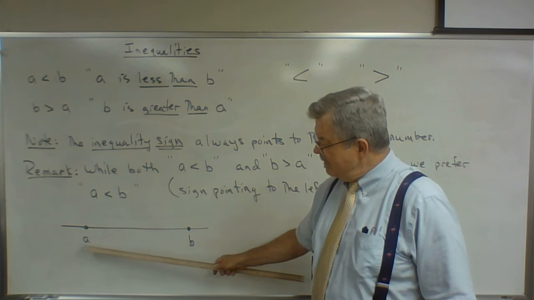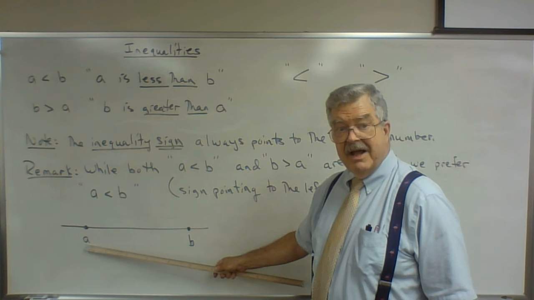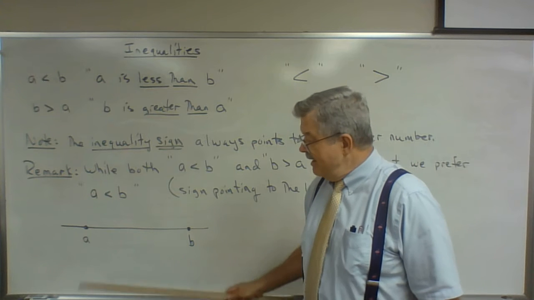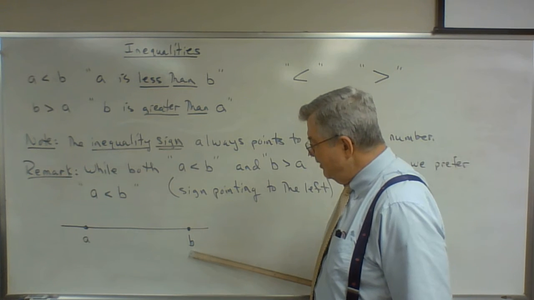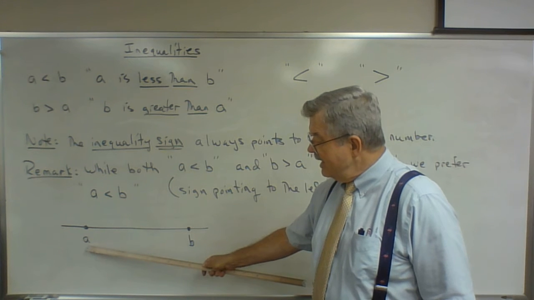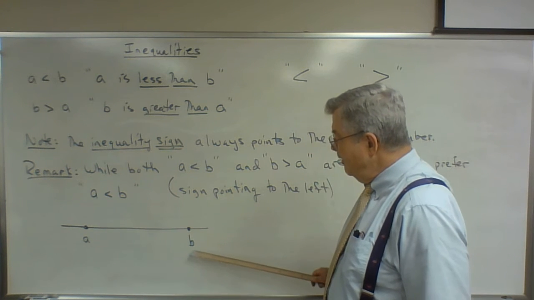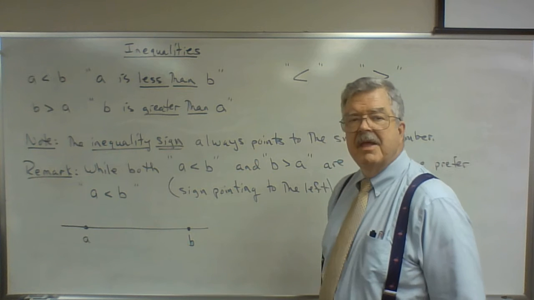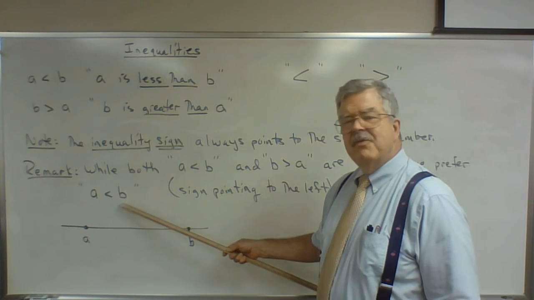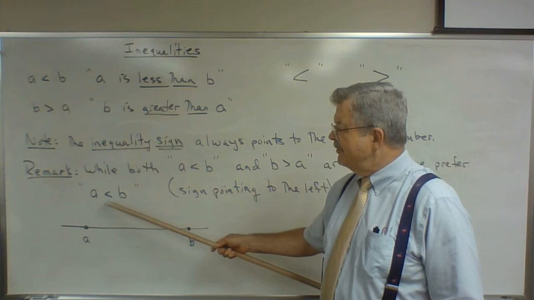Because A lies to the left of B on the number line. If we have 2 points, A and B, on the number line, the smaller number lies to the left of the larger number.